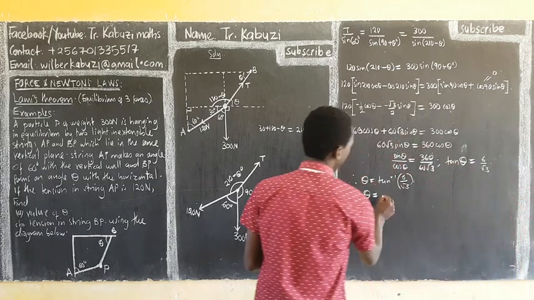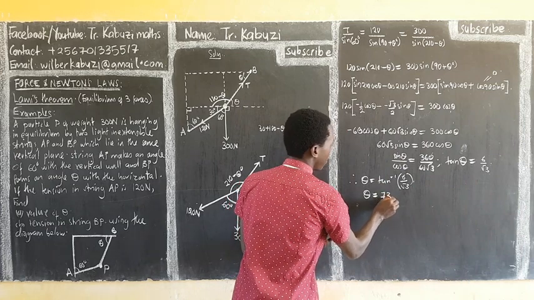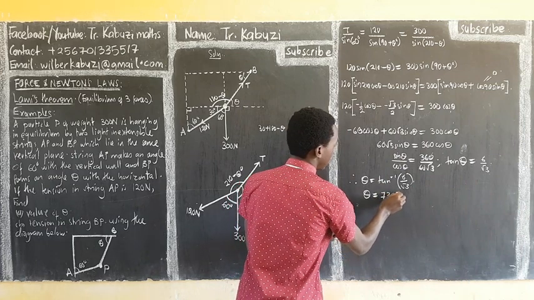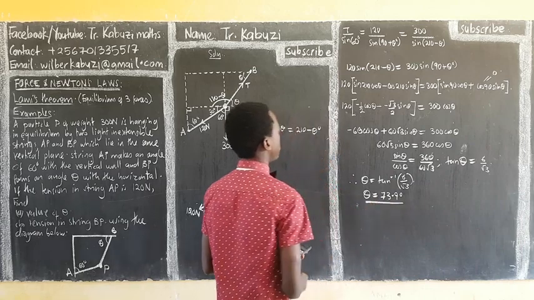This one is giving me 73.9 degrees to 1 decimal place.